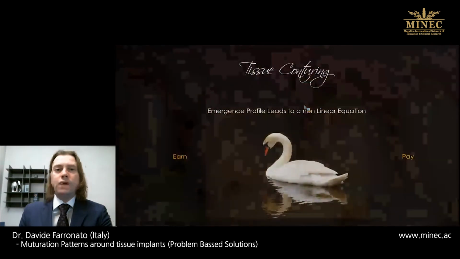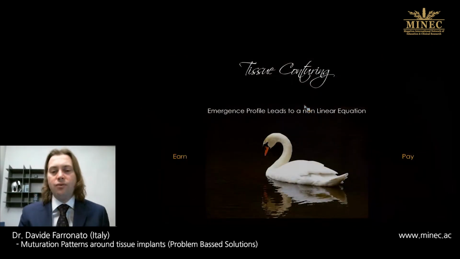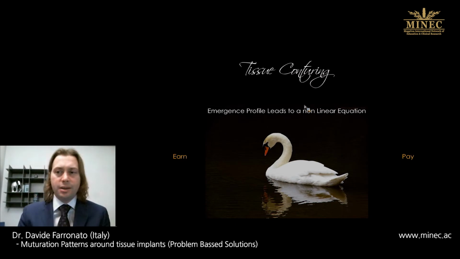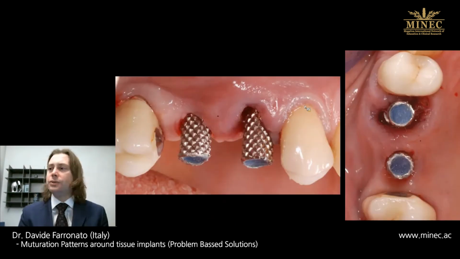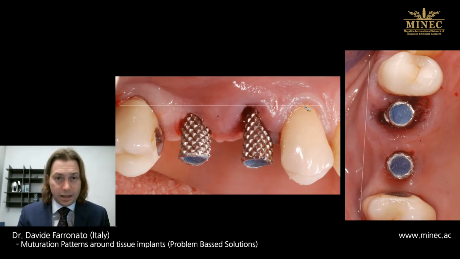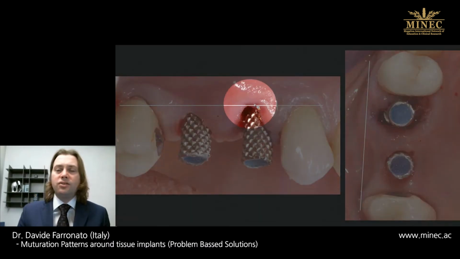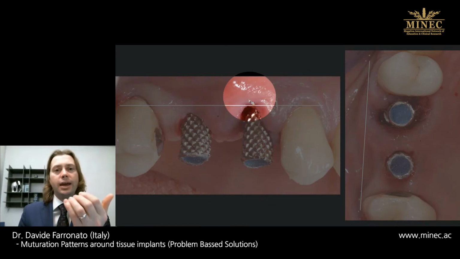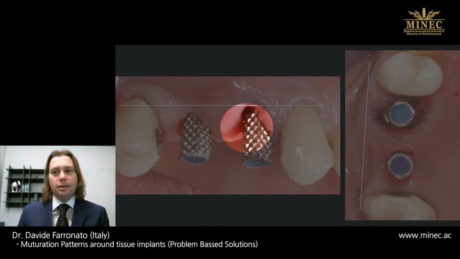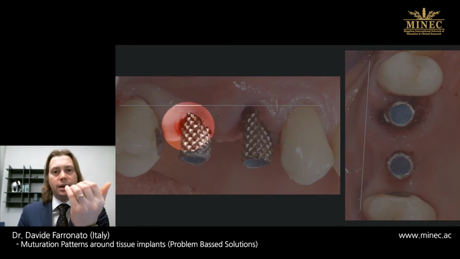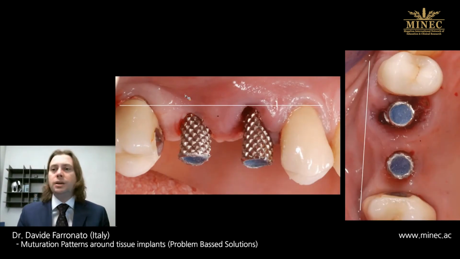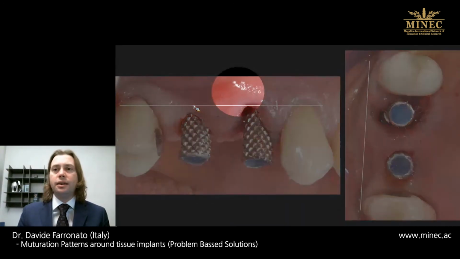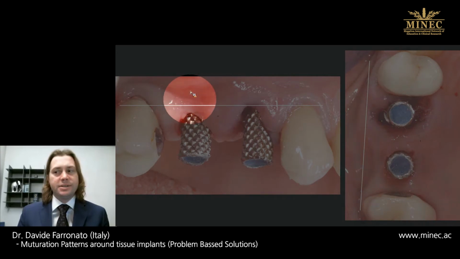So when you change the emergence profile, every time you earn or you pay something. Let's go through the case and try to see what happened. In this implant, I didn't need much height, so I induced a creeping. In this one, I induced a recession in order to displace the gingival line upwards.